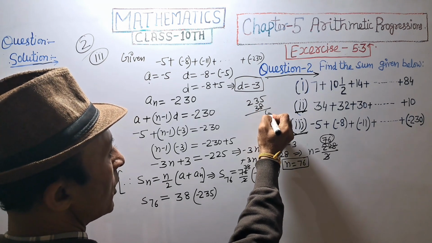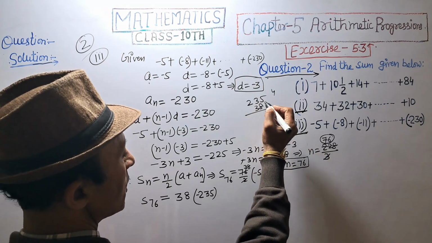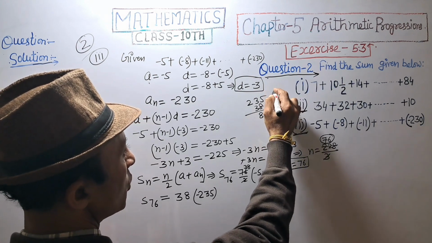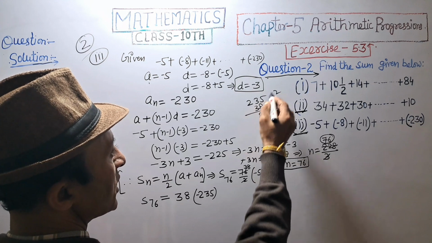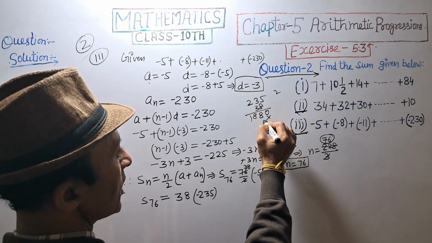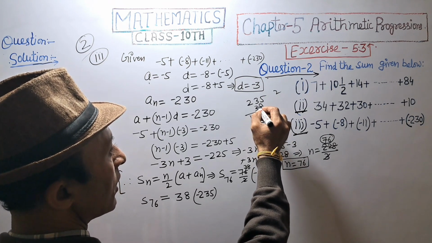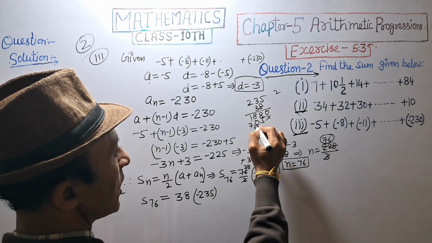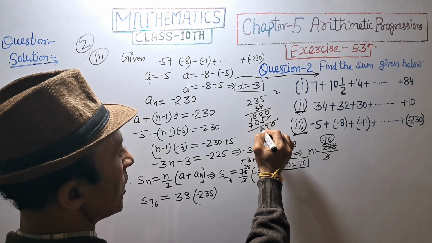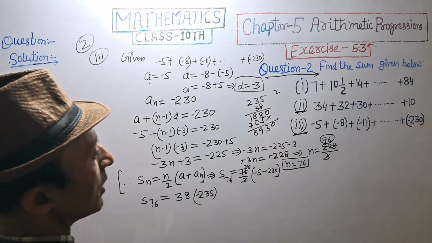8 5s are 40. 4, 8 3s are 24, 28. 2, 8 2s are 16 plus 2, 18. 3 5s are 15. 3 3s are 9, 10. 3 2s are 6, 7, 0, 3, 9, 8.